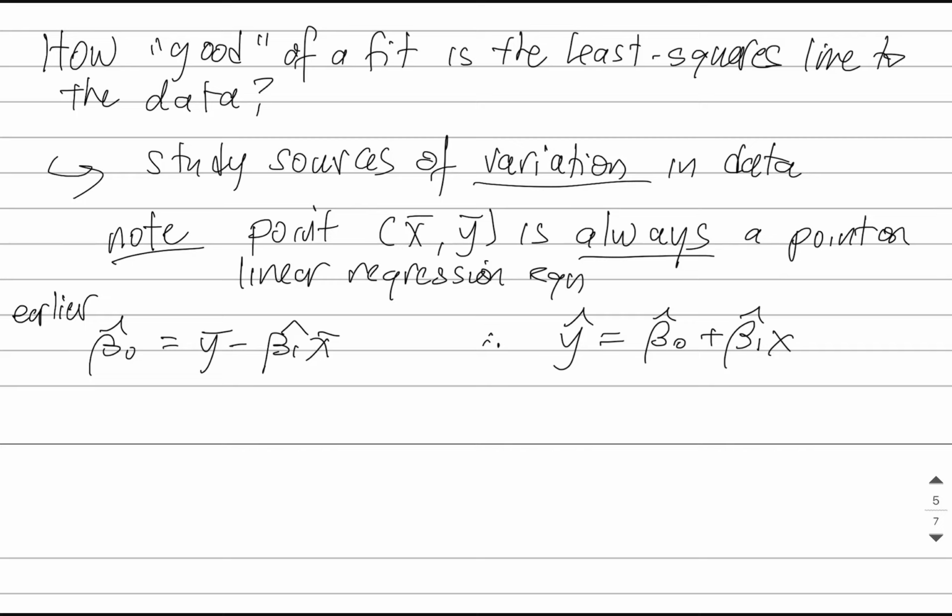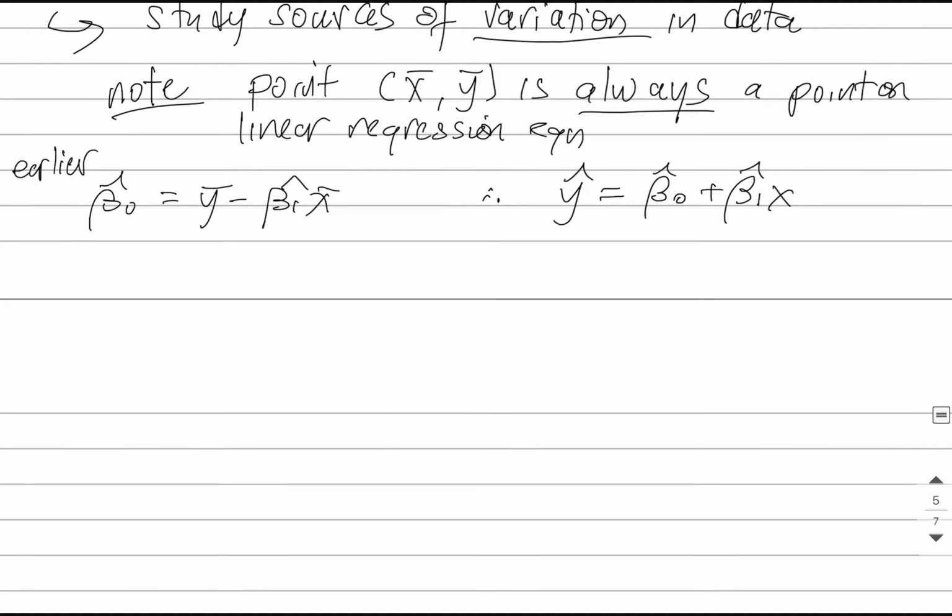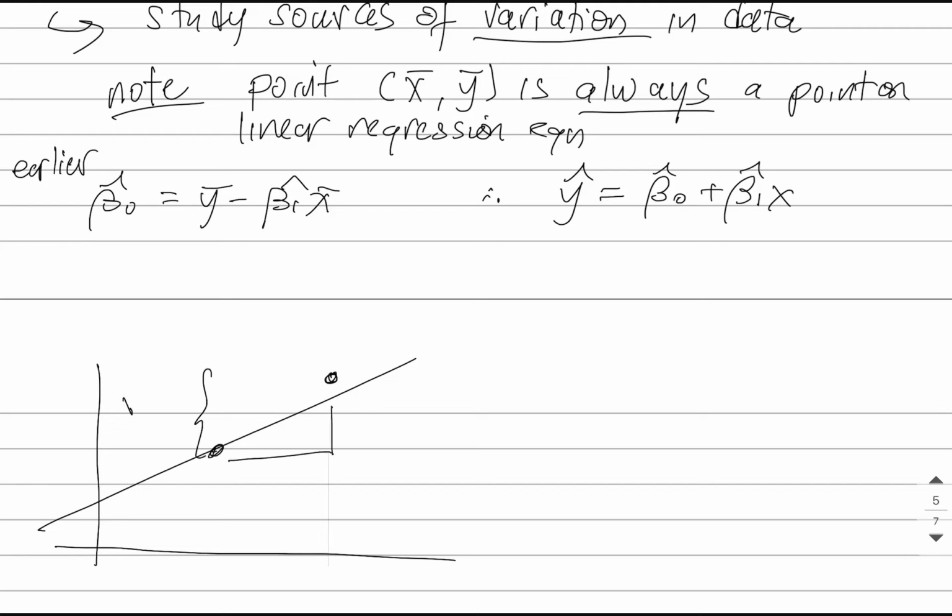Now, what we really need to do to answer this is to study the kinds of variation that we get in our data. If we're talking about a line, let's say there's our regression line, if we start from one point and go to another point, some of the variation in the height here, I'm going to call this the total variation.